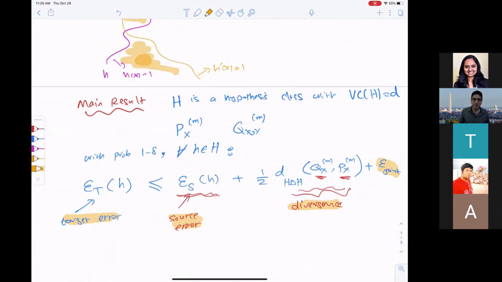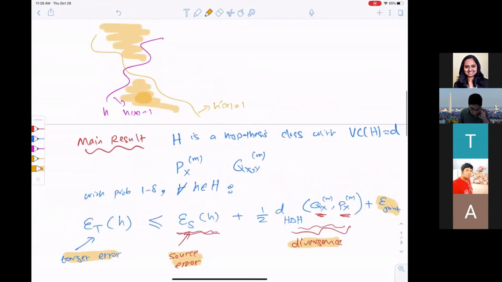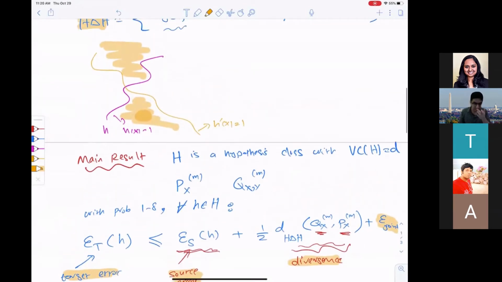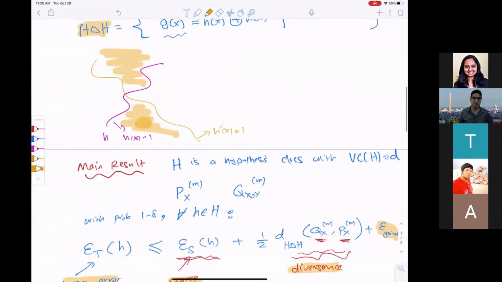Any other questions? I have another quick question about the symmetric set difference. The one thing that puzzles me is that we have it for any two functions from our hypothesis class. Yes. And I'm curious as to why this doesn't ultimately become trivially the whole space if we just take one function h and then its negation. Don't they always disagree? Is that what we're saying?